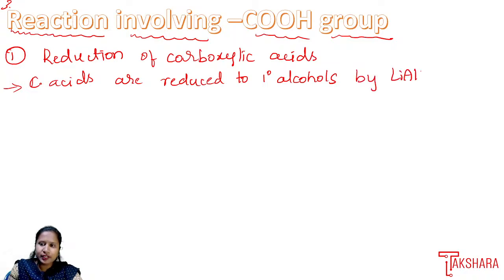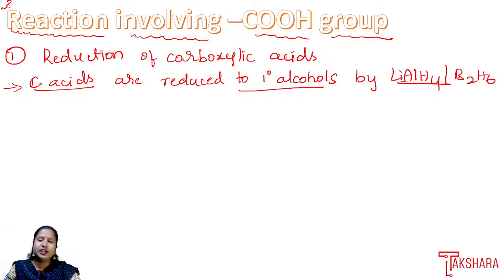By lithium aluminum tetrahydride, or B2H6. B2H6 is called diborane. So carboxylic acids undergo reduction in the presence of lithium aluminum tetrahydride or B2H6, which is nothing but diborane. So what product will we get? Primary alcohols we get as the product. Okay, so now let us see how they are reduced into the primary alcohol. As a reactant molecule, let us consider the carboxylic acid.